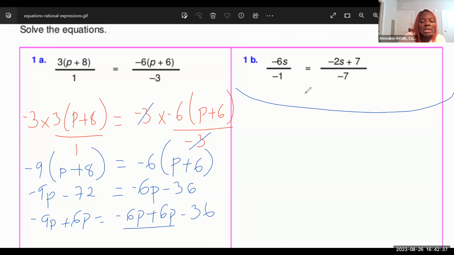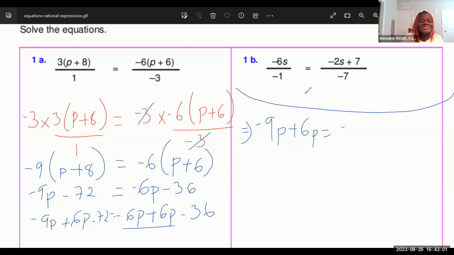And then we can clean it. Okay, so we have negative 9p plus 6p equals negative 9p minus 72. Thank you for reminding me that I left the negative 72 here.